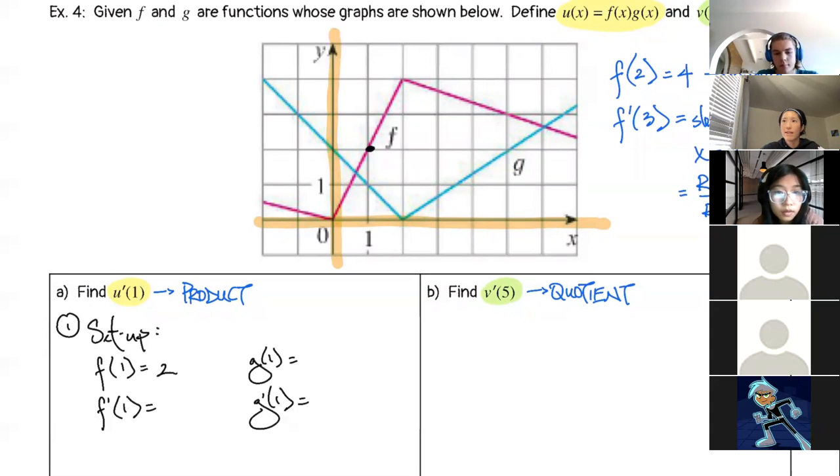If you were to count rise over run around that point, what would you get? You'd also get 2. Yeah, exactly. Blue graph. What is the y value of the blue graph at x equals 1? 1. What is the slope of the blue graph at x equals 1? Good. -1. Perfect.